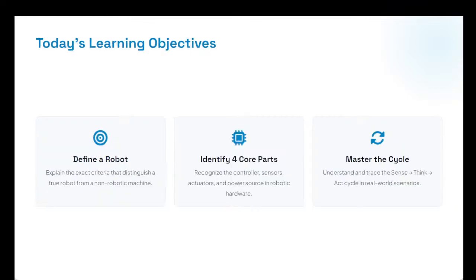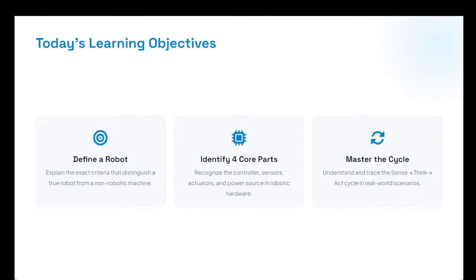So, today's learning objective: define a robot. To define a robot, explain the exact criteria that distinguish a true robot from a non-robotic machine. Next, identify 4 core parts: recognize the controller, sensors, actuators, and power sources in robotics hardware.